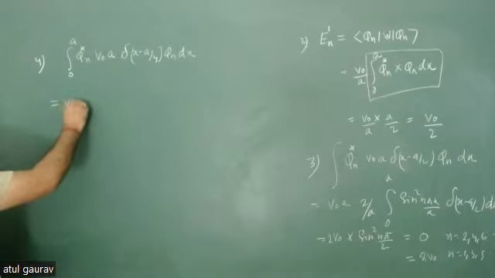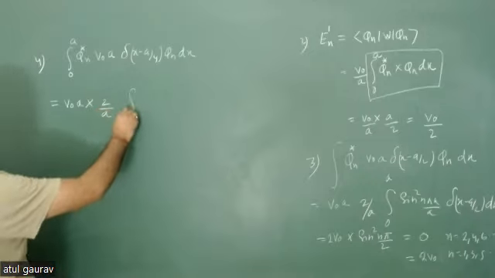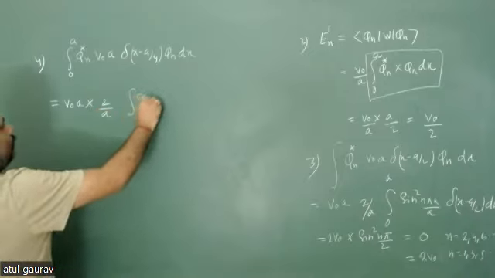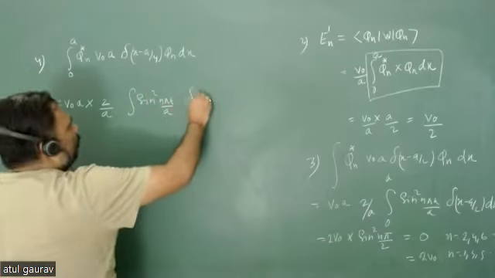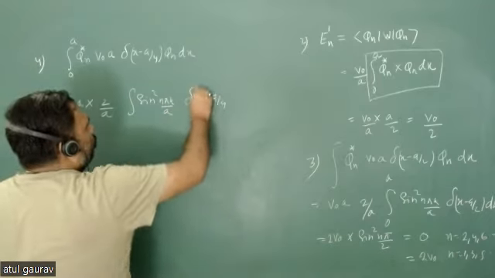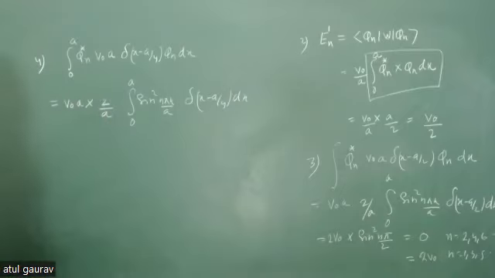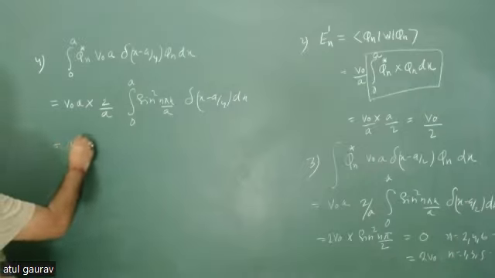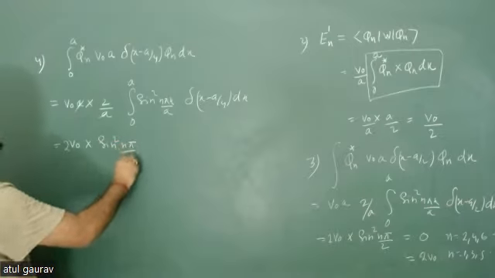So V naught into a into 2 by a, and we have the integration of sine square n pi x upon a and delta x minus a by 4 dx, again from 0 to a. So what is this value? V naught into a is cancelled out. So 2V naught into sine square n pi by 4.